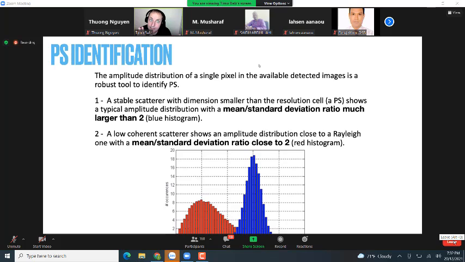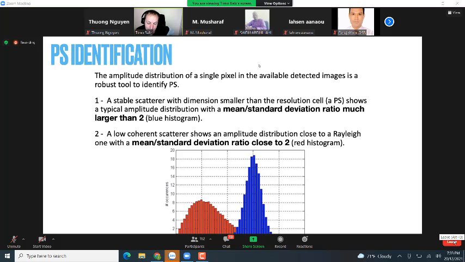Again, there is more than one method to look at your PS points, and we will talk about these different approaches. Some approaches also, or mainly, look at the phase and the phase stability. But the standard way is looking at amplitude stability for points with a high amplitude that have very small standard deviation of that amplitude.